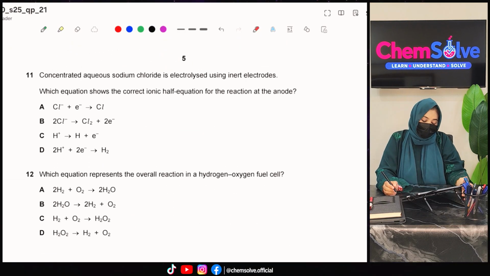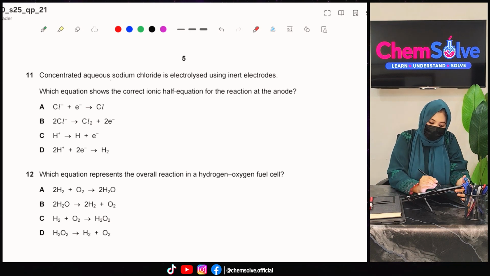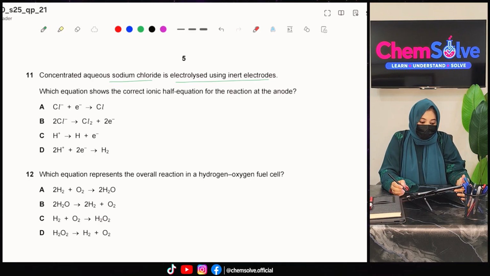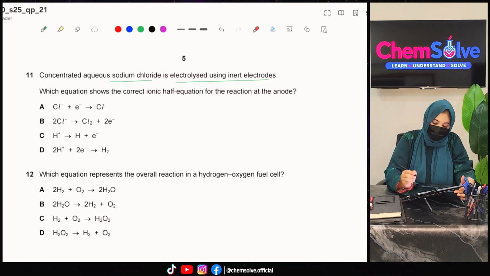Now move towards question number 11. Concentrated aqueous sodium chloride is electrolyzed using inert electrodes. Okay, concentrated. So what will happen? Let's see.